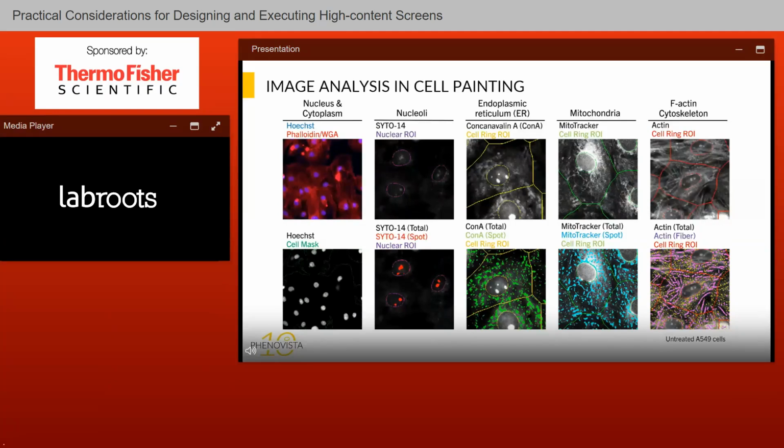And then moving left to right, still, you've got the endoplasmic reticulum, same with concanavalin A, a fluorescent conjugate of concanavalin A. And then you've got MitoTracker, which lights up the mitochondria. And then similar to the lung fibrosis assay we talked about earlier, you use a fluorescently conjugated phalloidin that integrates into the F-actin structures, which are then detected with that mask shown in pink in the bottom right corner.